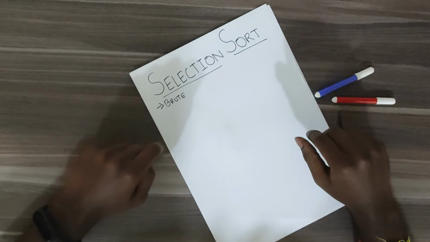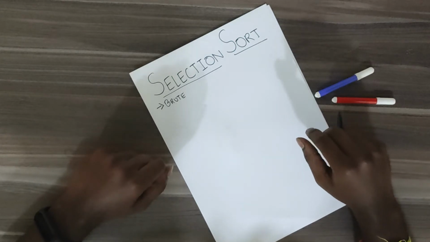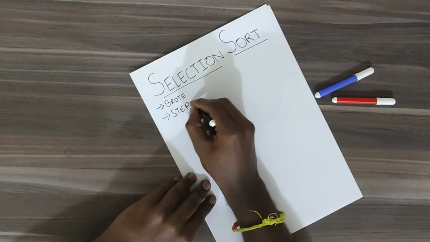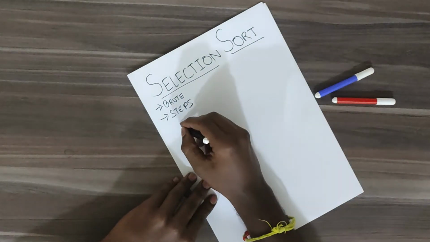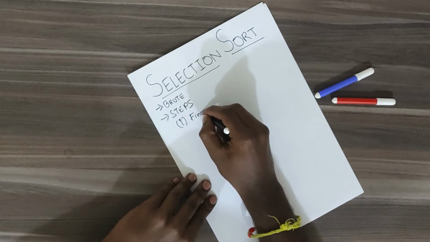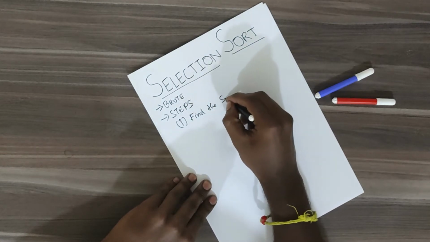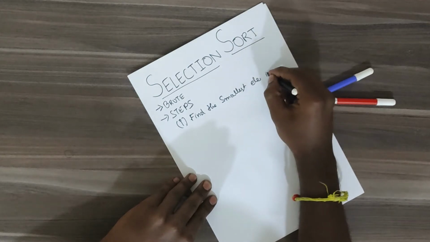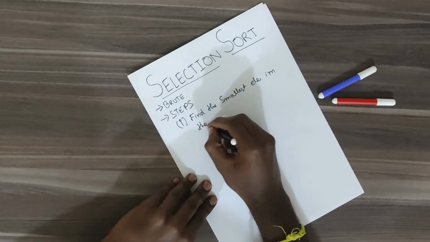So, in selection sort, what exactly do we do? There are two main steps which we have to do. First, find the smallest element in the array.